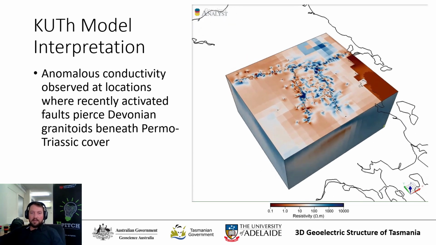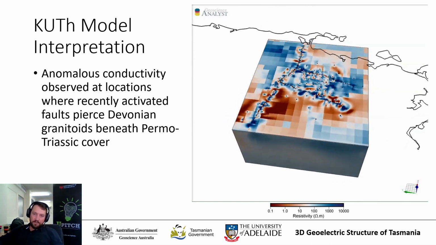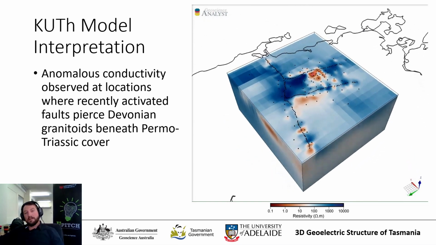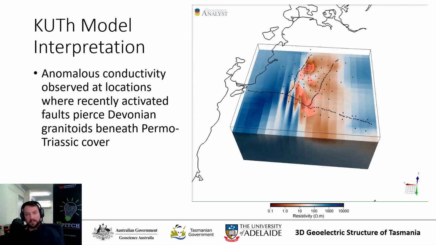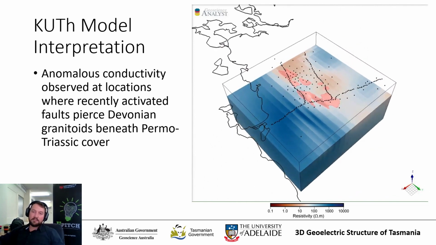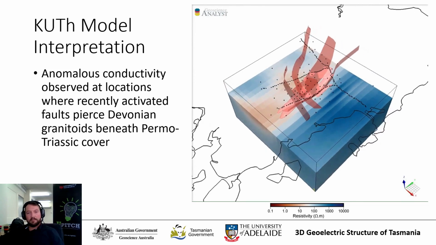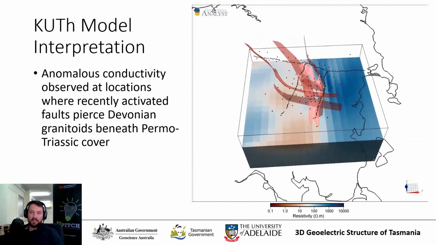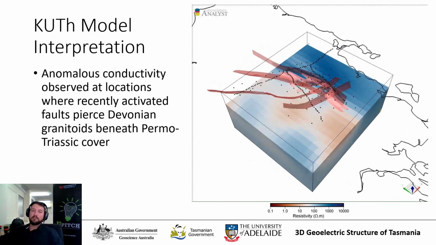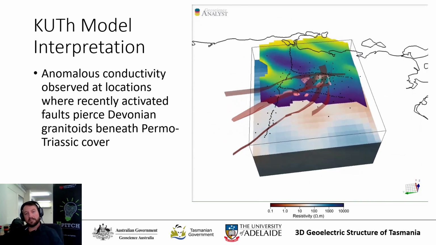So here's the final KUTH model stripped of padding. We're just slicing through from top to bottom. There's some semi-transparent pink isosurfaces that encapsulate regions that are really conductive with resistivities less than 1 ohm meter. There's some semi-transparent fault structures interpreted from aeromagnetics and topography data.